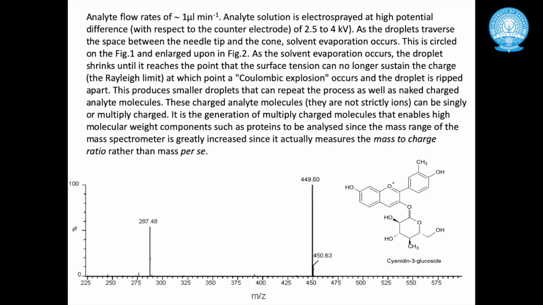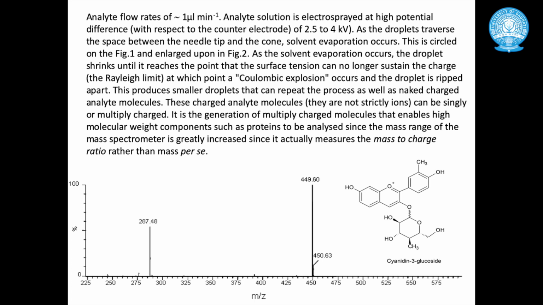But the important thing in a mass spectrum is that every peak has more than one peak. Actually, no peak is independent here. If you look at the 449 m/z peak, there is another 450.63 peak also, which is very closely associated with this peak.